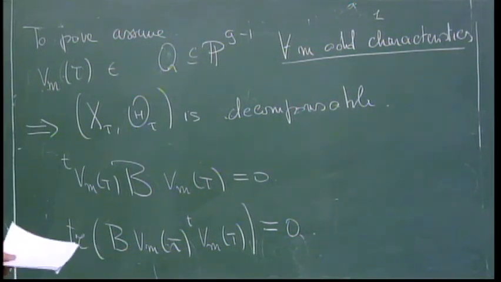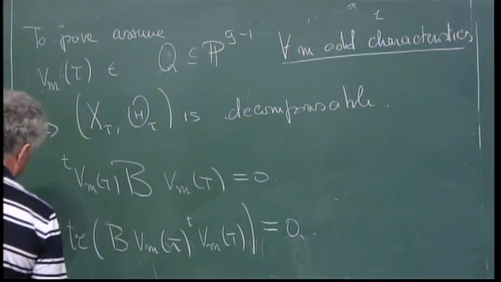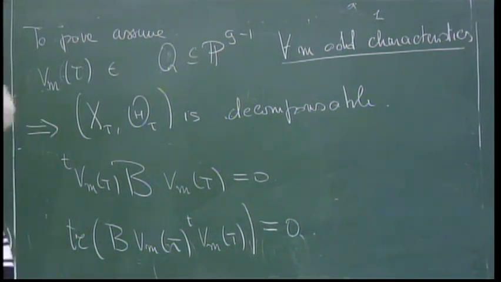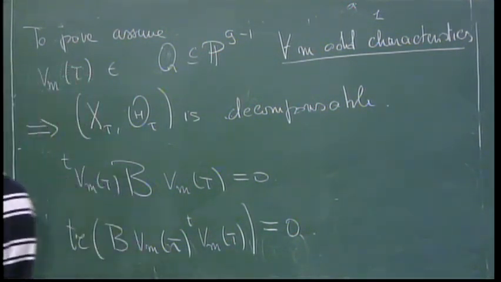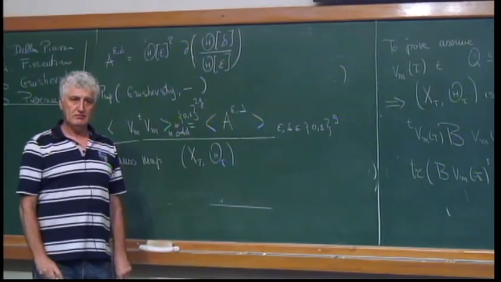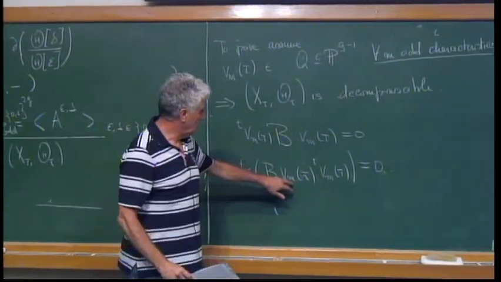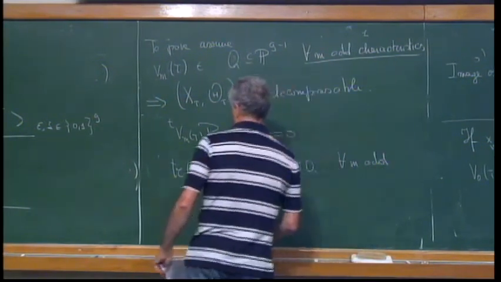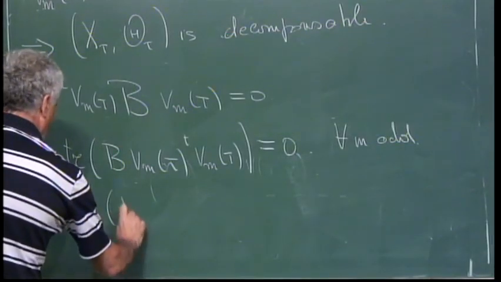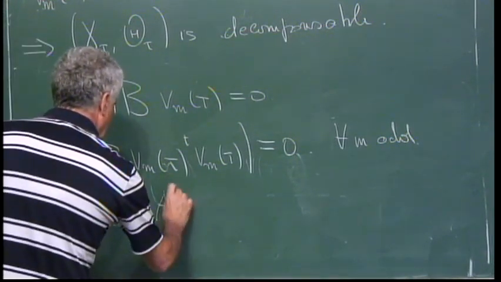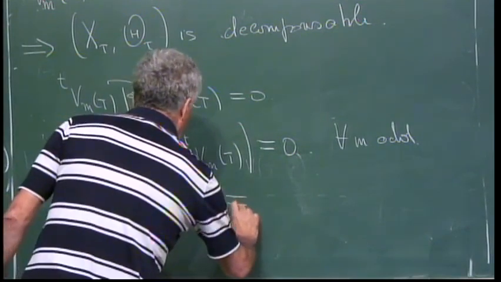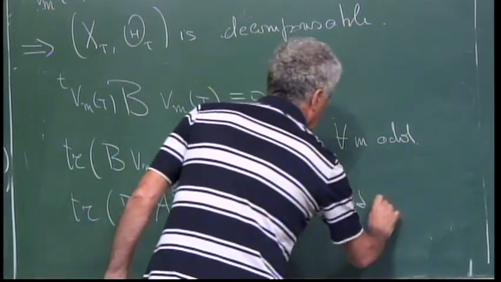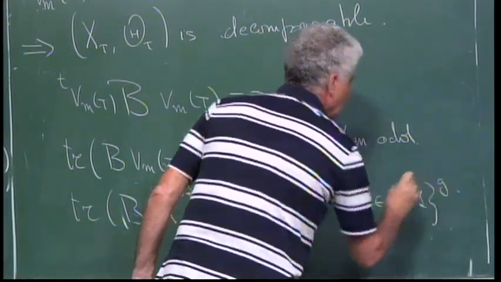Okay, but now what am I going to say? Since I told you before that this space and this space are the same space, this condition that holds for all Vm also holds in the same form: the trace of B times A epsilon delta is equal to 0 for every epsilon delta that belongs to {0,1}^g.